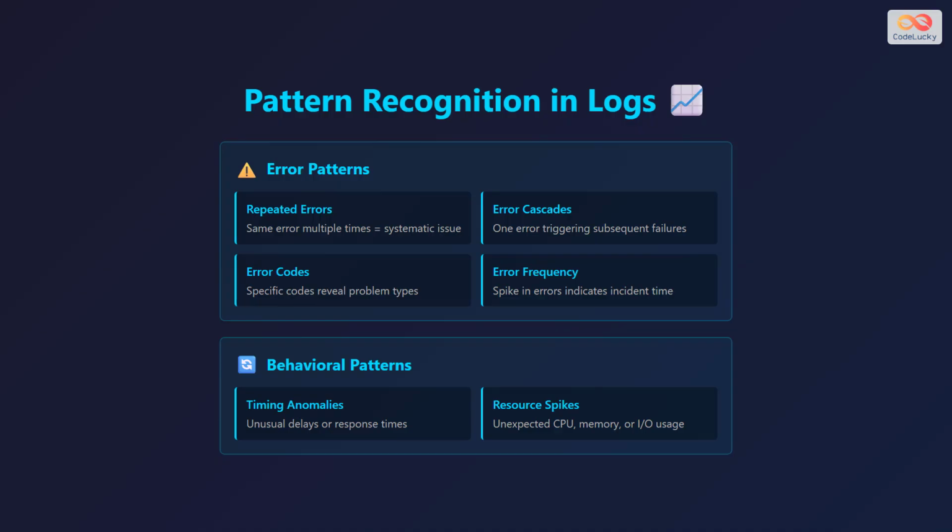Behavioral patterns matter too. Unusual delays or response times might indicate performance degradation. Unexpected spikes in CPU, memory, or input-output usage can signal resource exhaustion. These patterns help you understand not just what failed, but why it failed and how widespread the impact was.